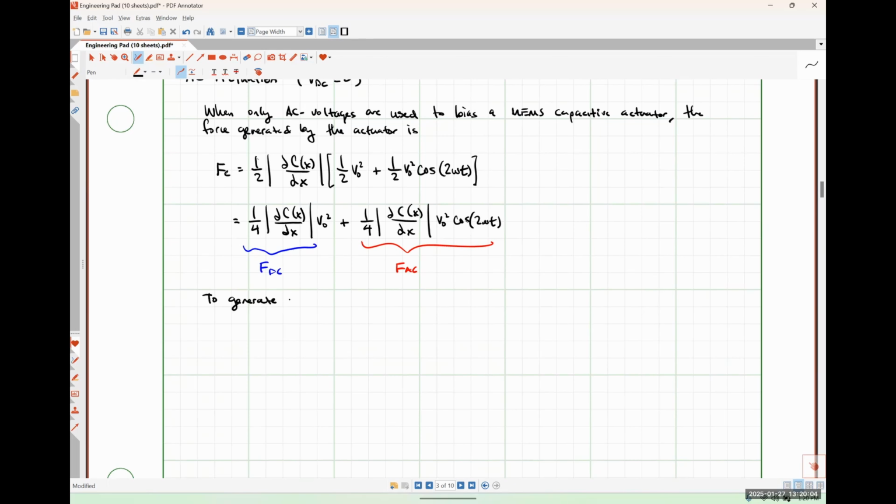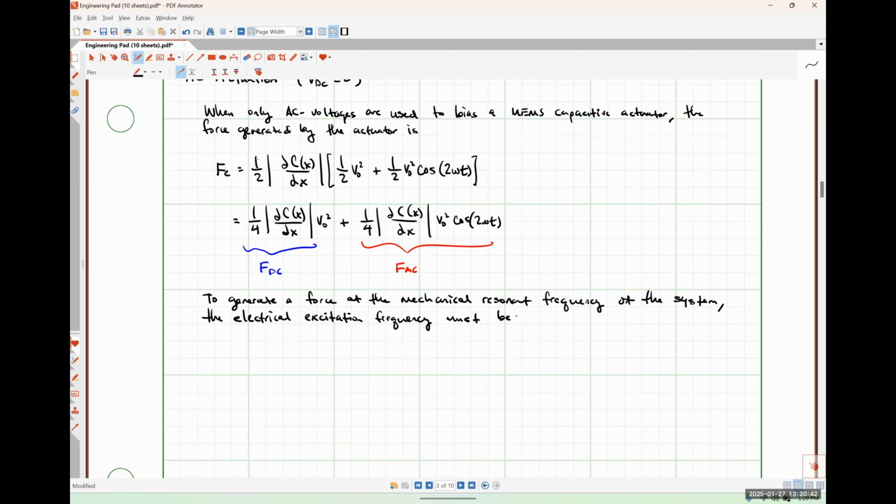To generate a force at the mechanical resonant frequency of the system, the electrical excitation frequency must be omega is equal to omega naught over 2.